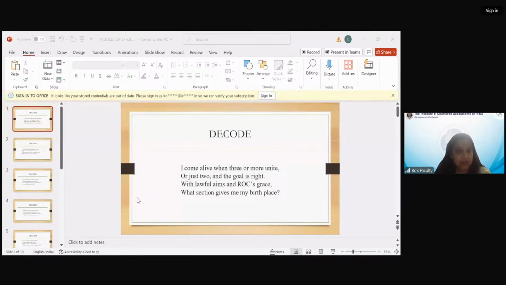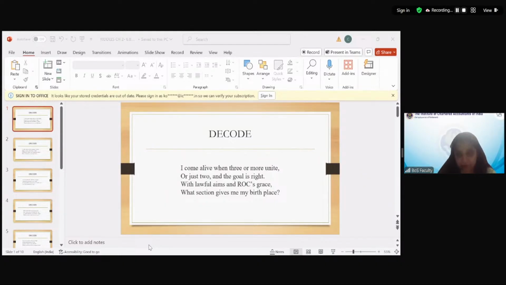Registration, private company. Okay. The point is, they are saying what comes alive. It's not the company that comes alive, when there are 2 people or minimum 3 people. And it should have a lawful aim.